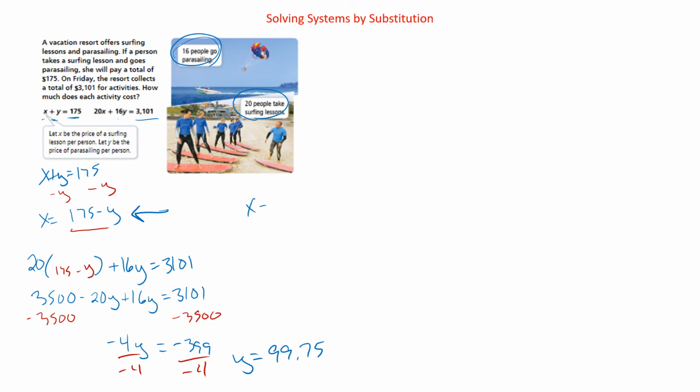So x is going to equal 175 minus that value, 99.75. So x equals 75.25. So in this case, it could be an ordered pair.